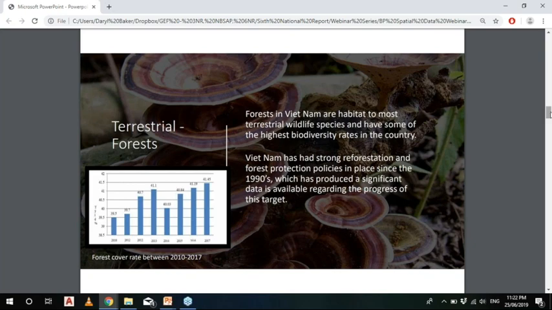You can see in the graph a tendency of increase in the forest cover, and by now, in 2017, the forest cover is 41.4%, and it is expected to be around 42% next year.